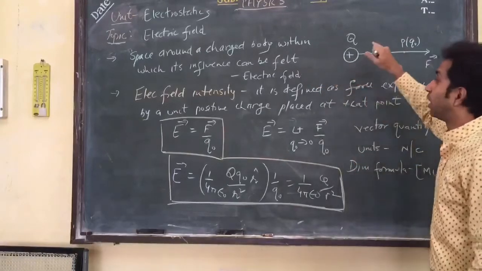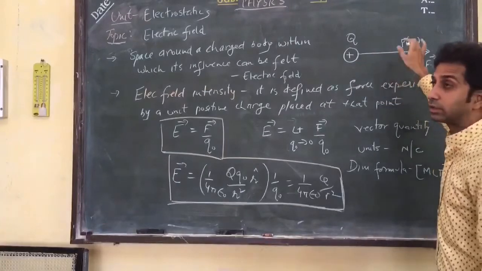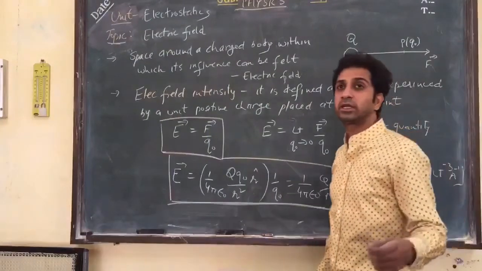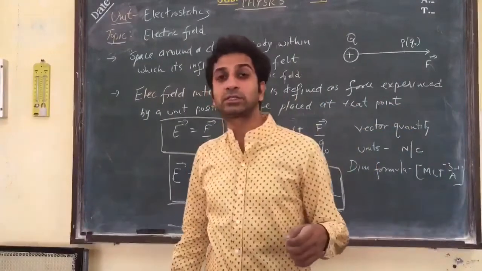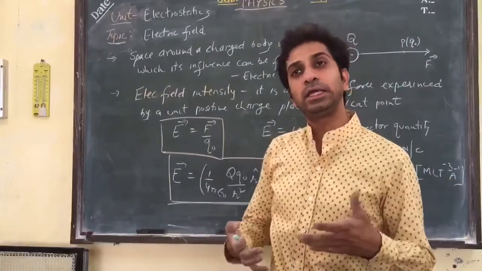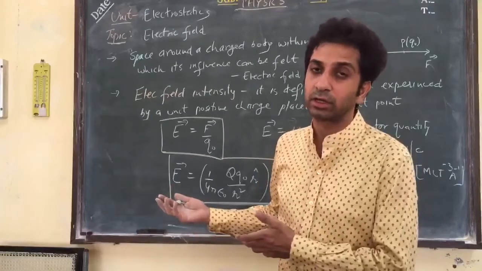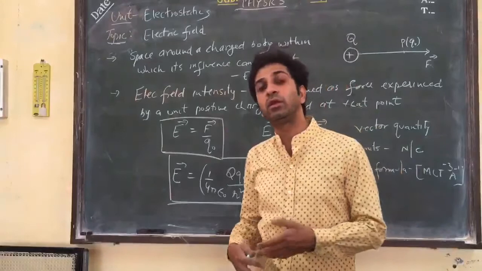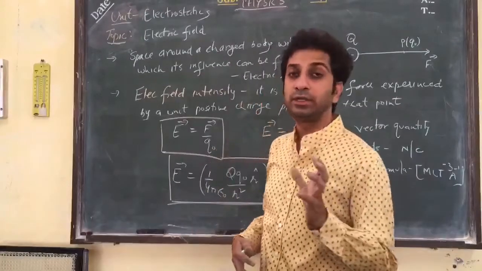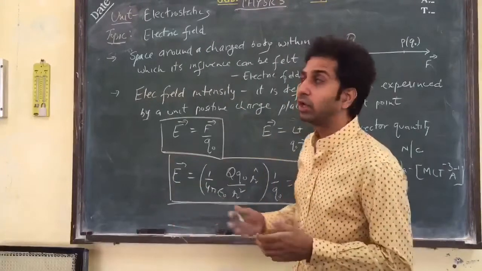Now electric field intensity. In the last lecture we also talked about the test charge, that is Q naught. The value of the test charge we are taking is very small. We don't want it to exert its own electric field in our discussion, so we assume the value of the test charge to be negligible, so that it does not create its own fields and manipulate the field of the given charge, right?